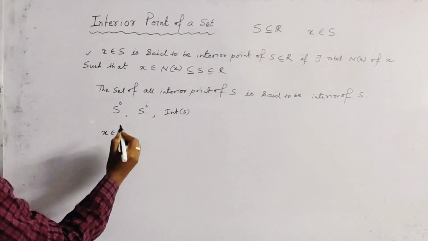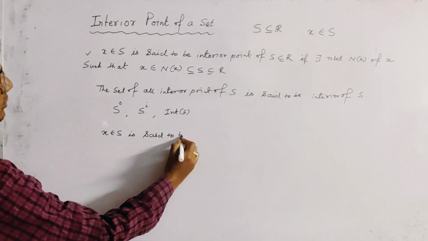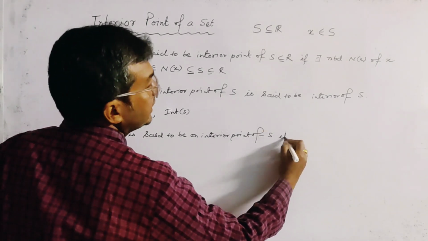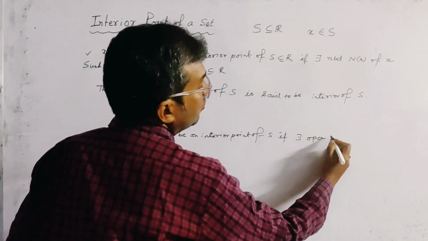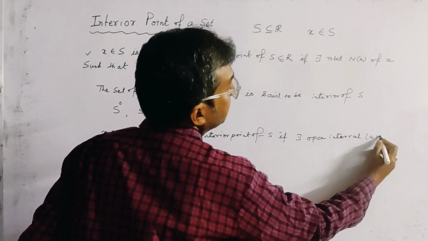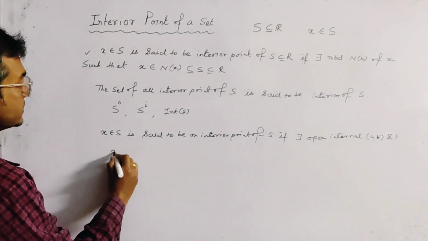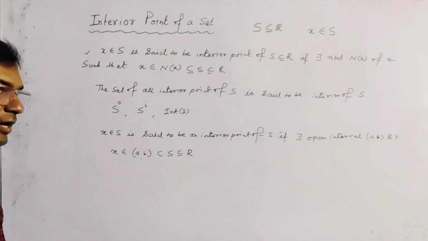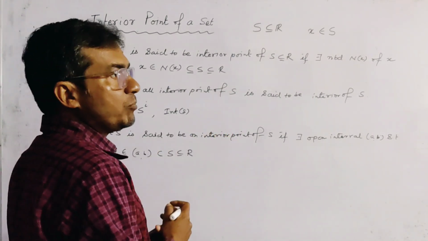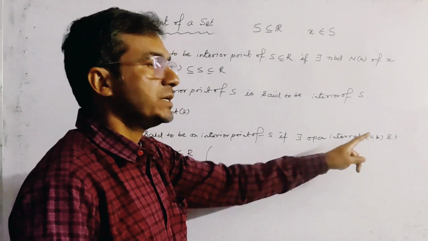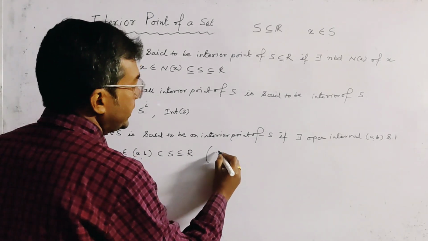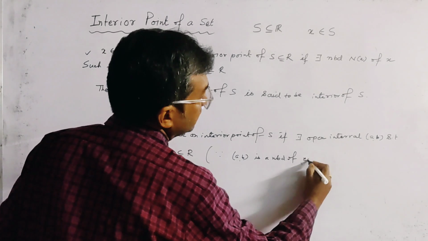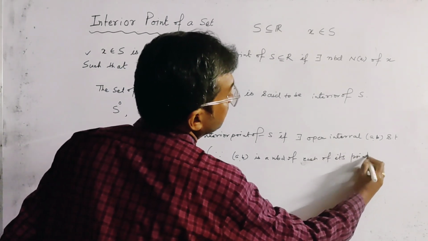The interior point may also be defined as follows. We write x belonging to S is said to be an interior point of S if there exists an open interval (a, b) such that x belongs to (a, b), which totally lies in S, a subset of R. This is also a definition of an interior point, because any open interval (a, b) is a neighborhood of each of its points.